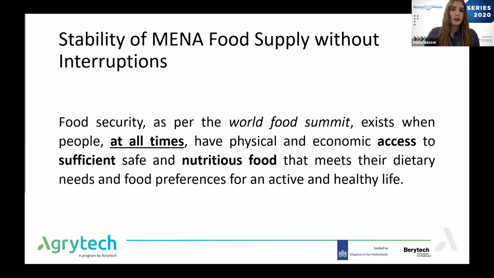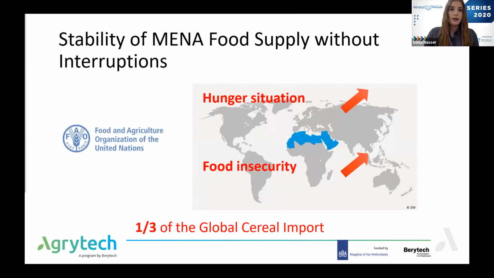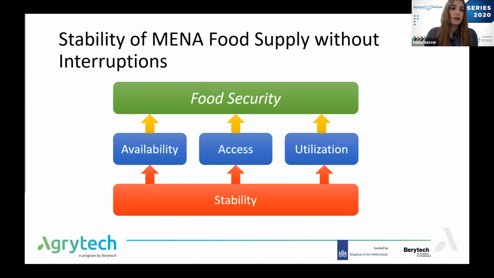Or in other words, simply stating, we are food secure when every one of us has access to available nutritious food in a stable way. So availability, access, utilization, and stability are the four main pillars of food security.